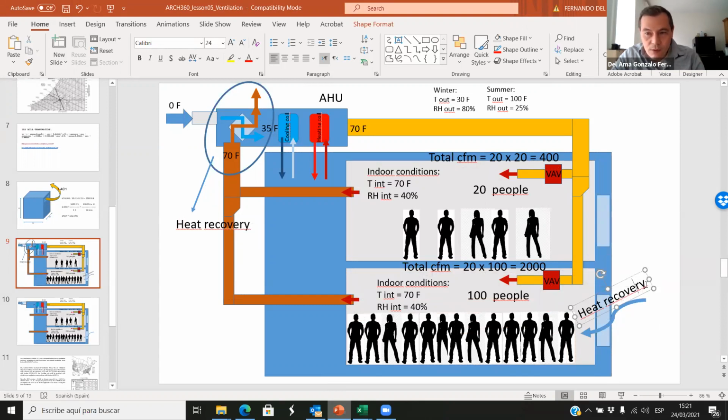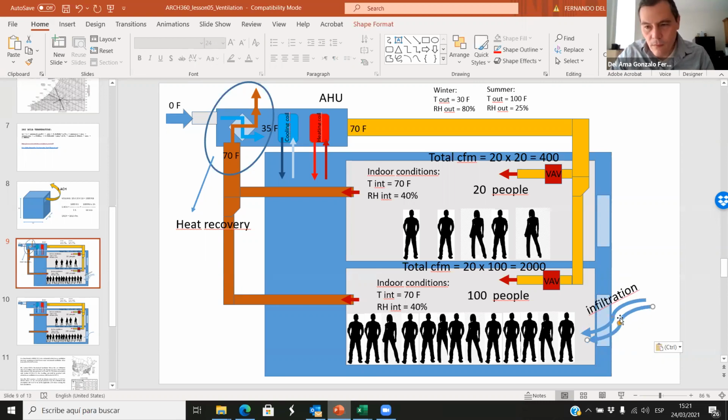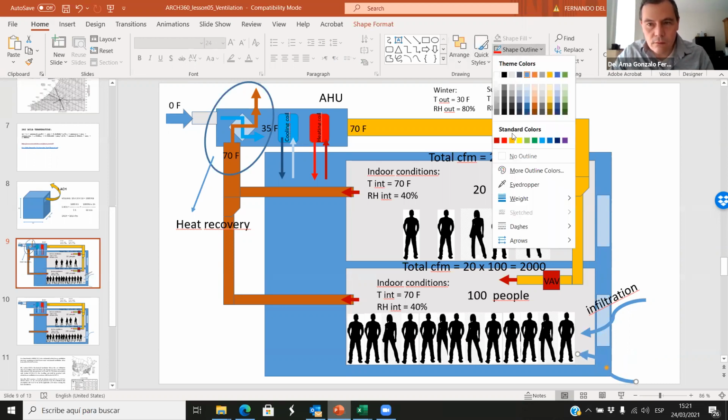So usually it's the connection between the window frame and the wall itself, but this is infiltration. Okay, but it can come from the joints or the connection between, let's change this color.